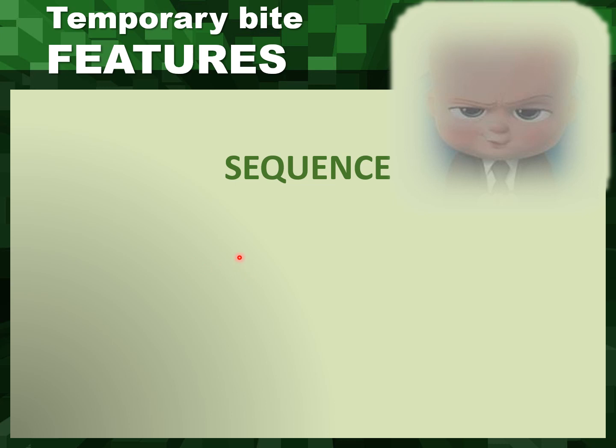Then is erupted the lateral incisor, then tooth number 4, the first temporary molar, then the temporary canine, then the second temporary molar.